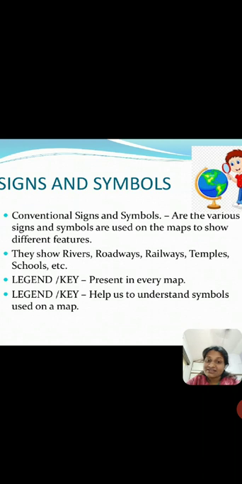So these are the signs and symbols that we use. If somebody asks you what the conventional signs and symbols are, what does that mean? It means that on a map we use different colors and signs to show different aspects of the map. So those details that are shown on the map are called conventional signs and symbols. So you have different lines, different colors that are used, correct?